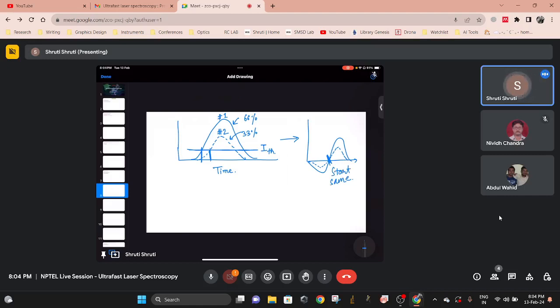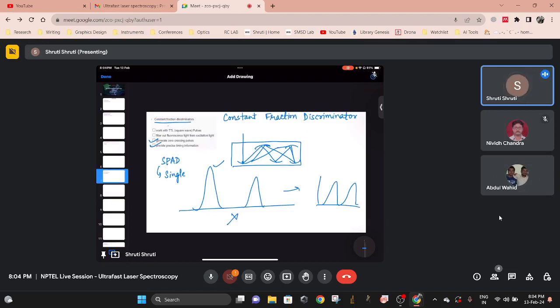I cannot explain it really well because I also don't know much about the instrumentation inside the CFD, but something like this happens. It generates pulses which will have the same start time, so the end product is like this. This is called zero crossing pulses. So it generates zero crossing pulses.